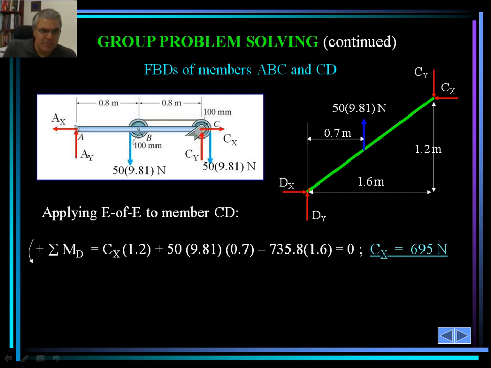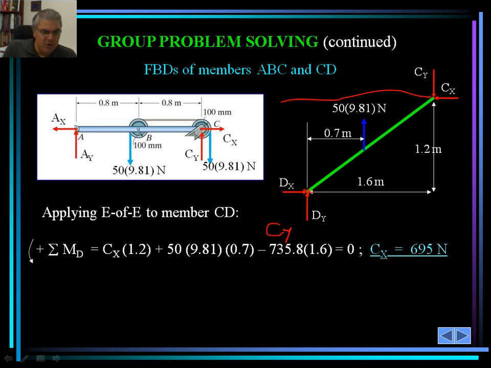As such, we would see that C sub x multiplied by 1.2, remember this is where the force would cause rotation about that point, and I think there's also a typo in this equation. I'm going to correct it because C sub y is also causing that.